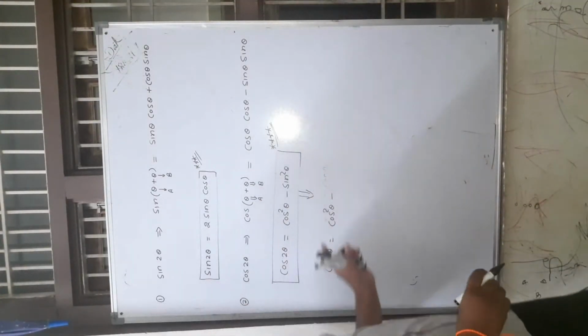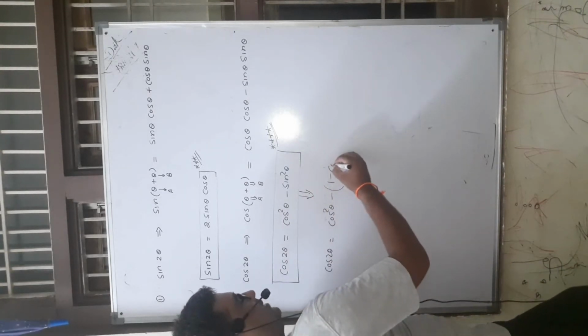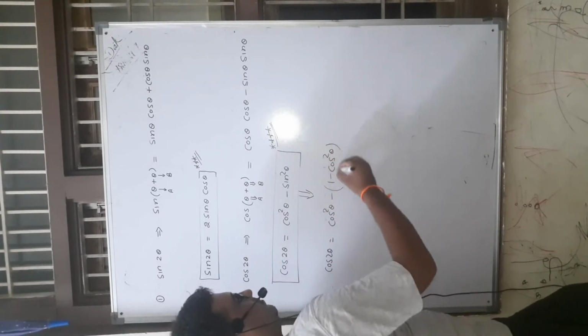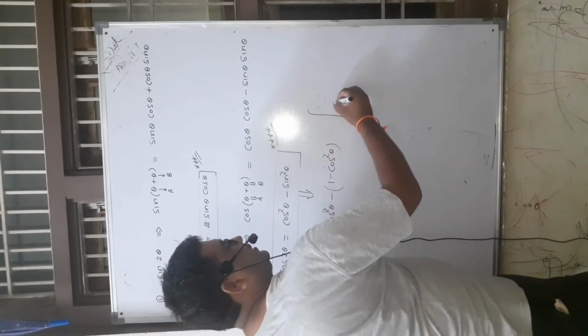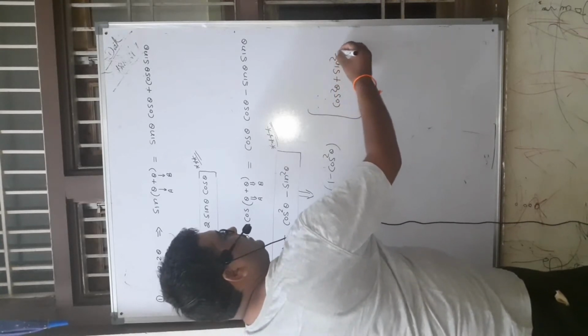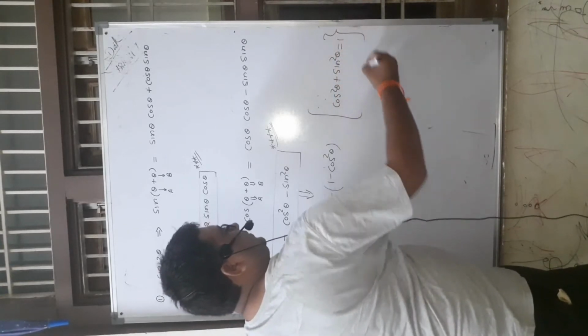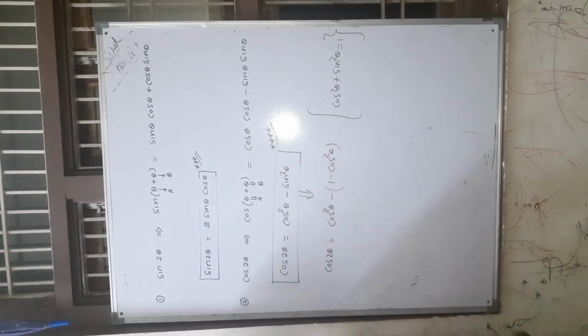So here sin square theta can be written as 1 minus cos square theta, because you read in 10th class cos square theta plus sin square theta equal to 1. So we can write sin square theta equal to 1 minus cos square theta.